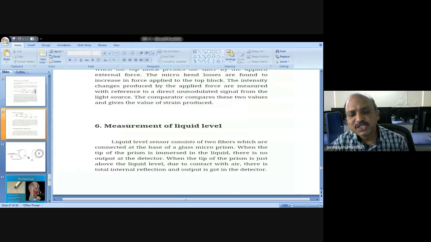What can you do? You take a material above the surface of the water, and through some light source or laser source, you apply light through a crystal that will touch the surface of the water. If the light doesn't touch the water surface, the total light is reflected back to the detector, so there is no change in the light intensities.